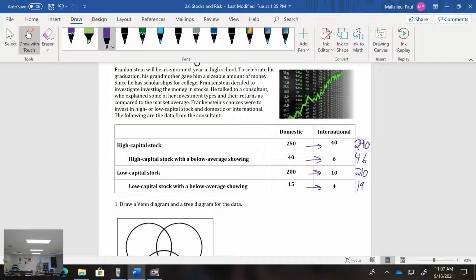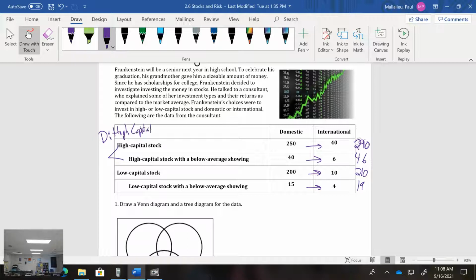And then if we want to figure out what about high capital stocks put together, those would be your 290 as well as your 46. And if we're asking what are just the domestic stocks, I'll represent that with a D for domestic high capital.